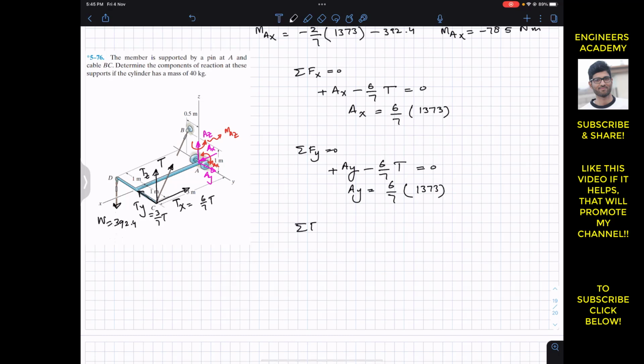Similarly, if we add up all the components along the z direction, we will have az, then we have tz.